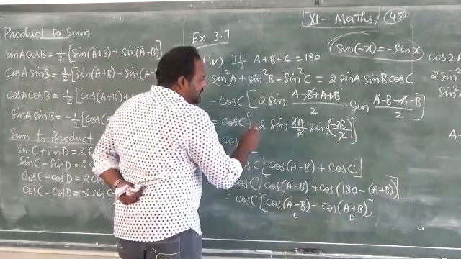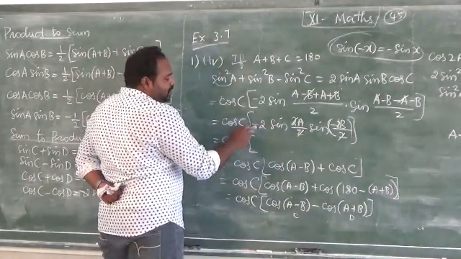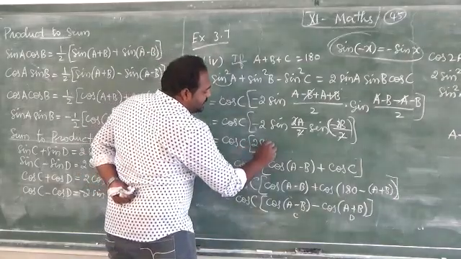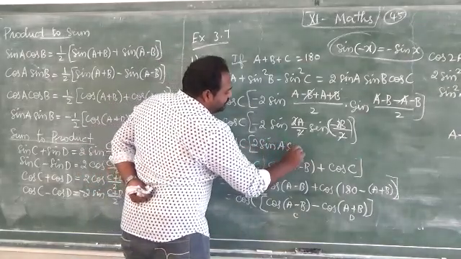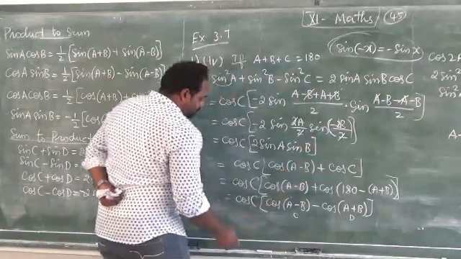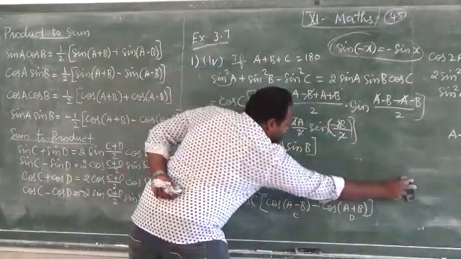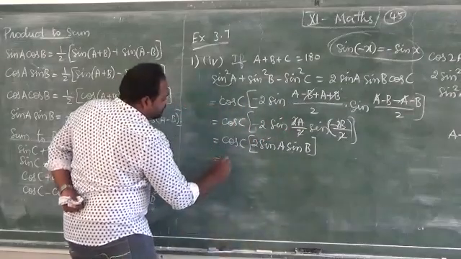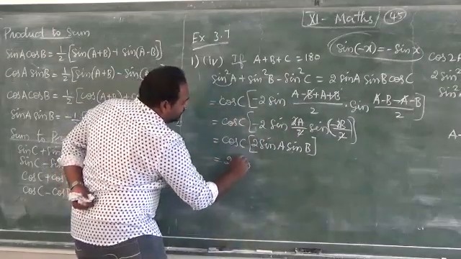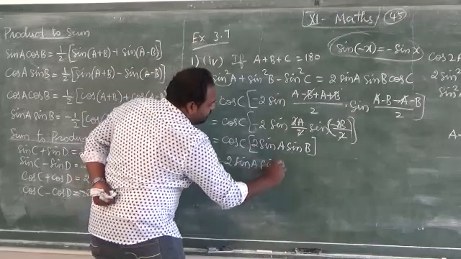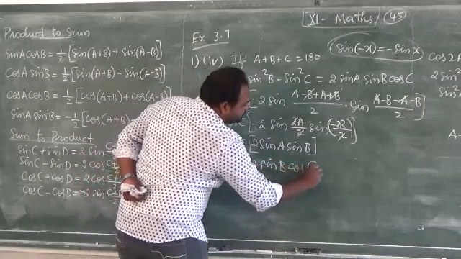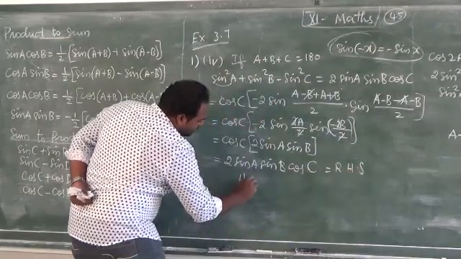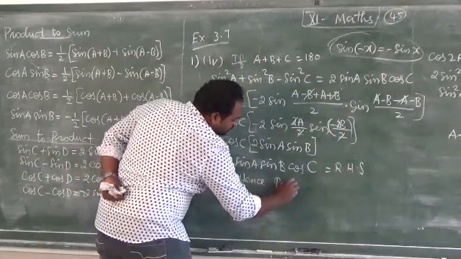So when you bring minus outside, already we have minus here, so it will become positive, 2 sin A sin B. Now rearrange the terms. We will get the required RHS side. 2 sin A sin B and cos C, which is the RHS side. Hence proved.